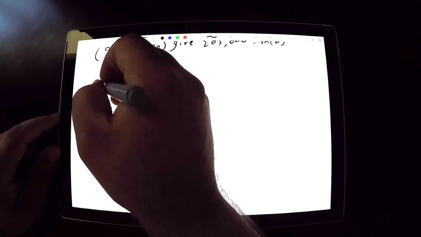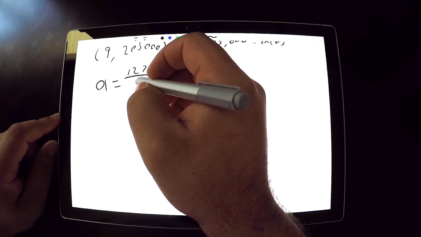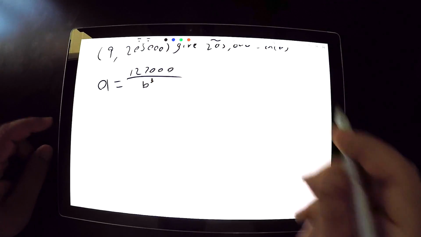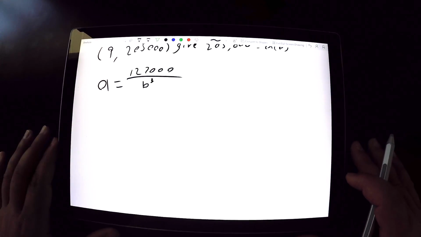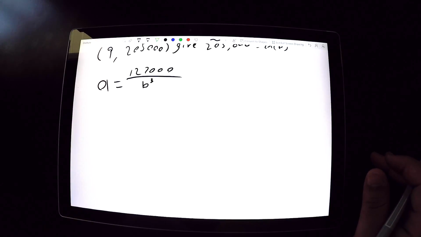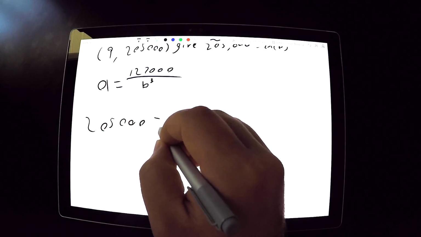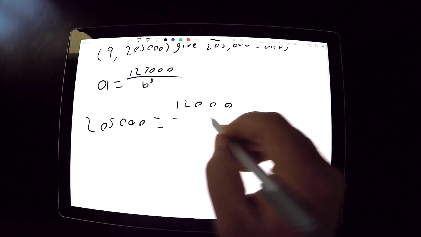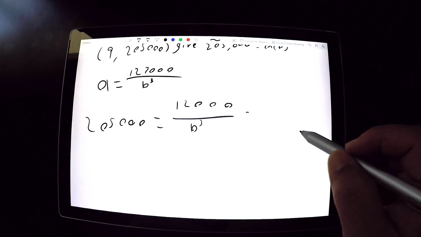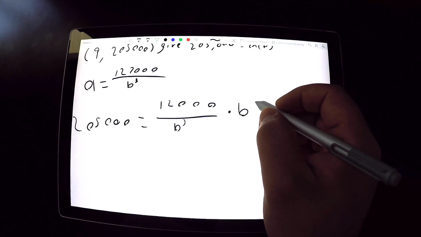So A equals 127,000 over B to the third. Substituting into the second equation for A, we have 205,000 is equal to 127,000 over B to the third times B to the ninth.